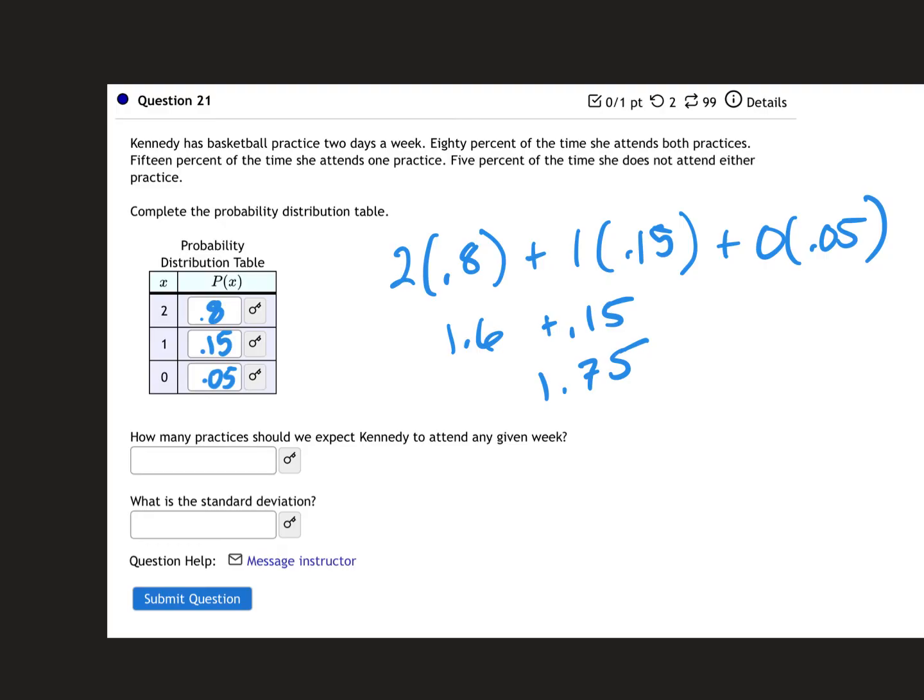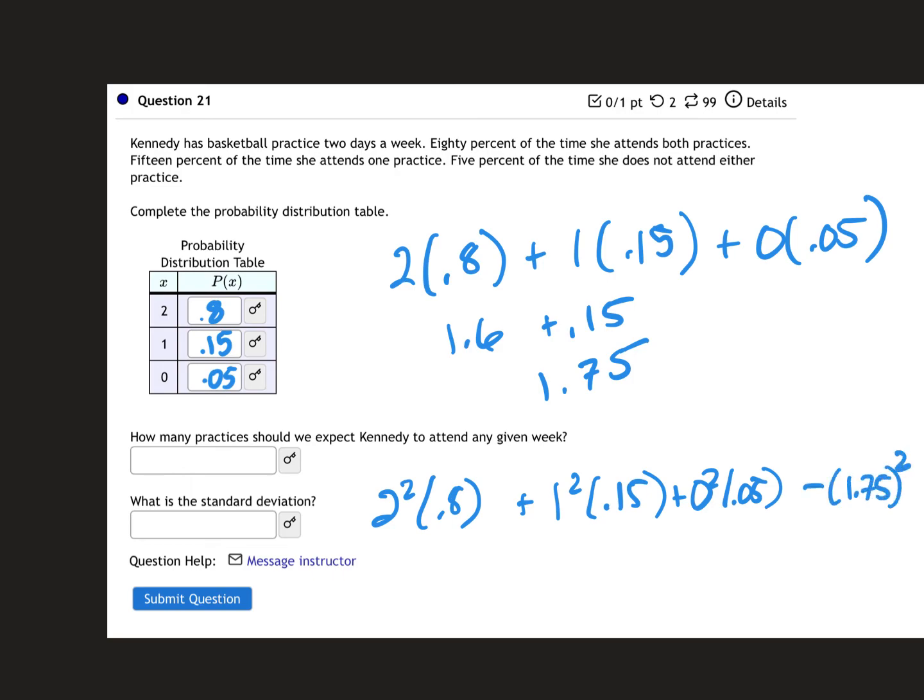I would take 2 squared times 0.8 plus 1 squared times 0.15 plus 0 squared times 0.05, minus 1.75 squared. This is the variance. So 4 times 0.8 is 3.2, plus 0.15, minus 1.75 squared.